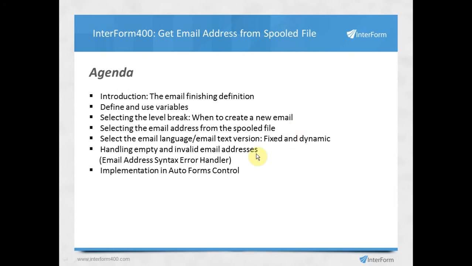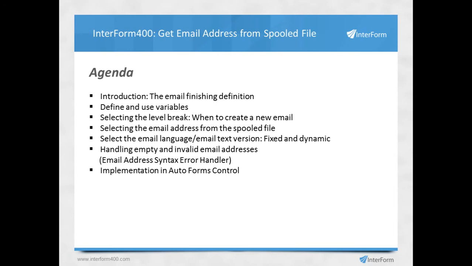For handling the email addresses, perhaps for some of the customers the email address is blank, indicating that you don't have an email address registered for this customer, or it could be that someone by mistake inserted a wrong email address, meaning that the email address isn't actually a valid email address, for instance without the @ sign.